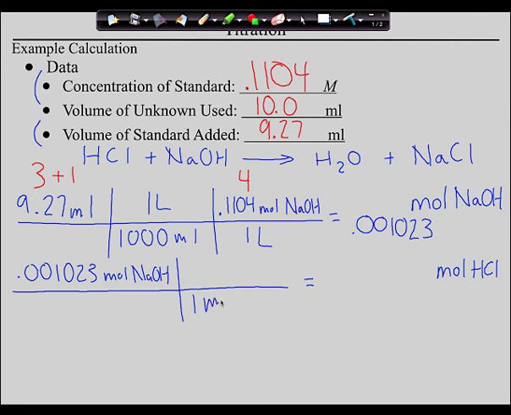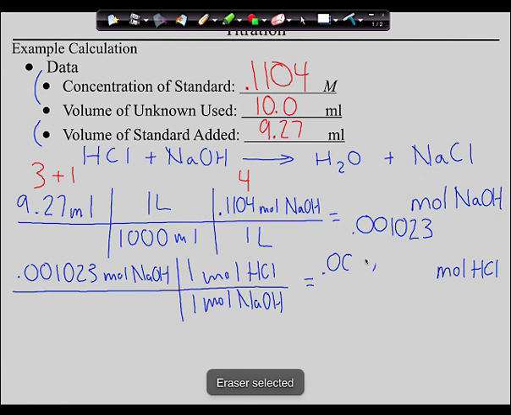So 1 mole of NaOH and 1 mole of HCl. And guys, this won't always be 1 to 1, but now it is. And so that means the value doesn't change. 0.001023 moles of HCl.